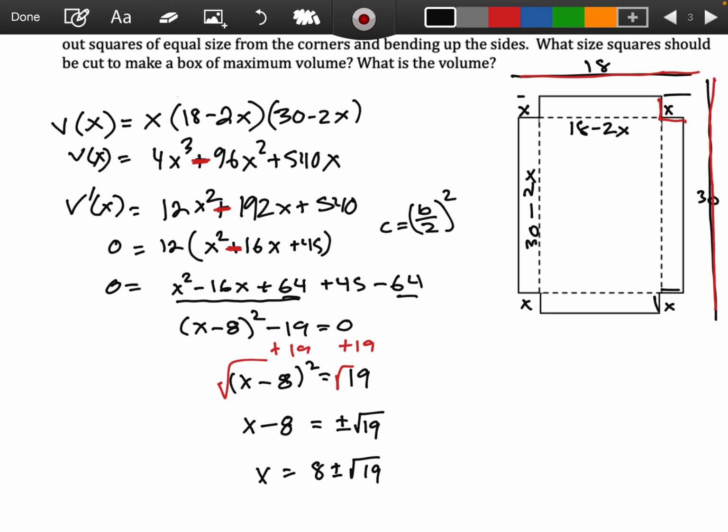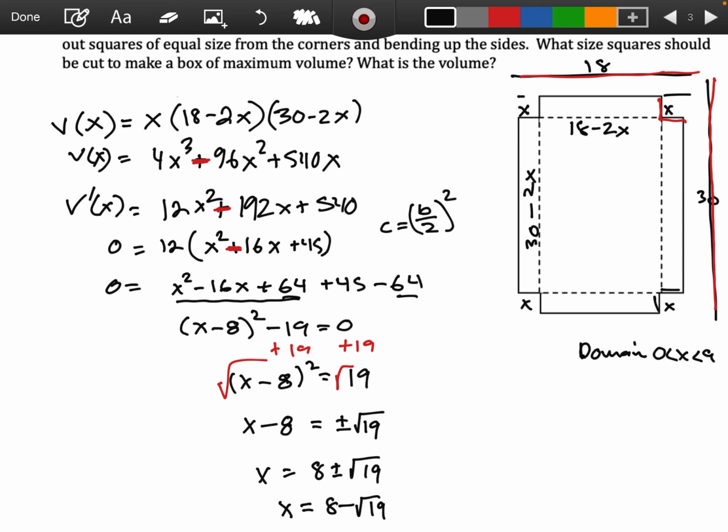And again, if you look at the domain, you actually only want to look at the bottom one. x is equal to 8 minus the square root of 19. This is the only one that's going to be in our domain. Our domain is going to be somewhere a little greater than 0, but you cannot make x greater than 9.